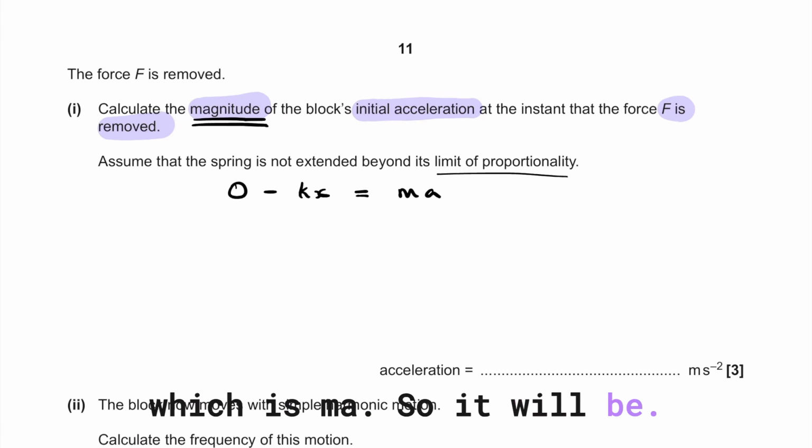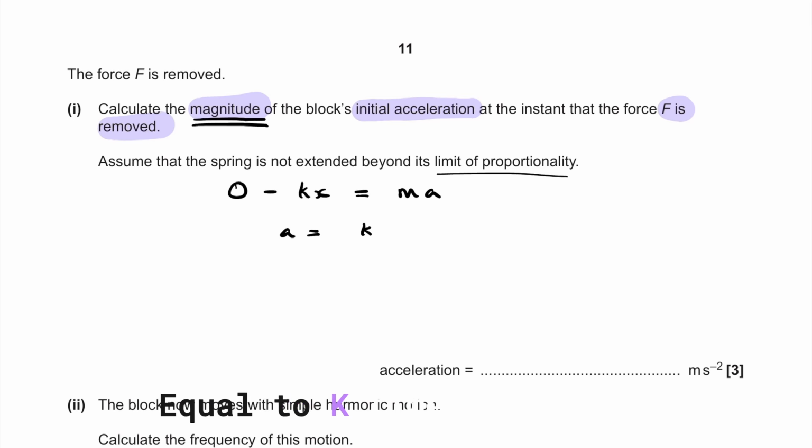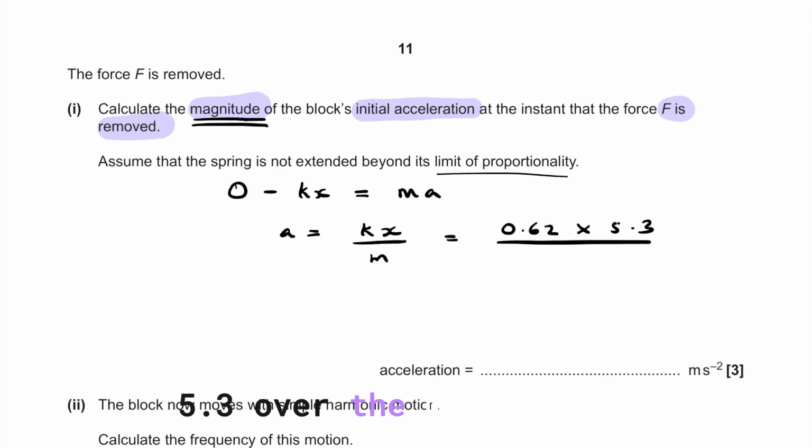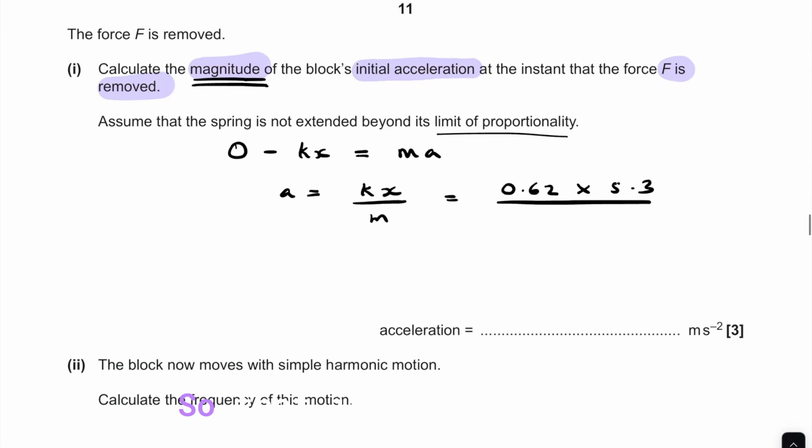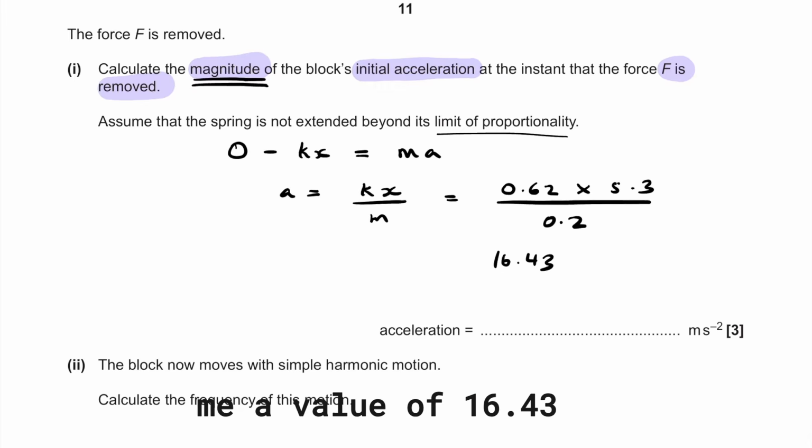So a will be equal to k times x over m, where k is 0.62 times 5.3 over the mass, which is given to us as 0.2. So that is going to give me a value of 16.43, or I can just say 16 meters per second squared.